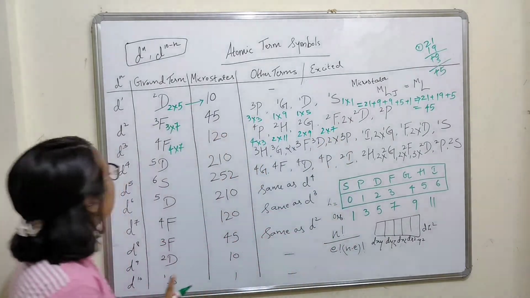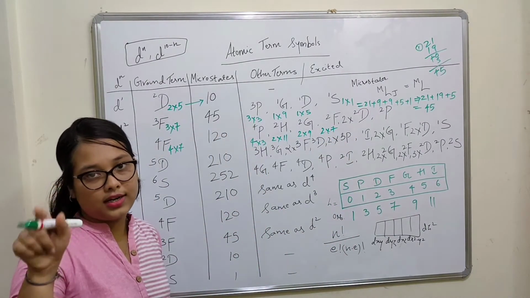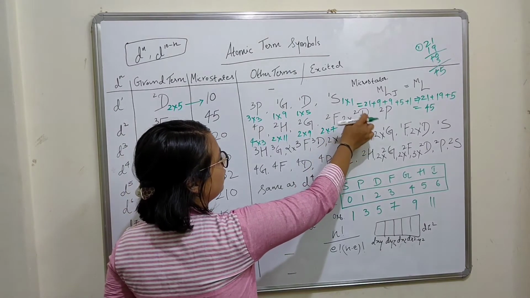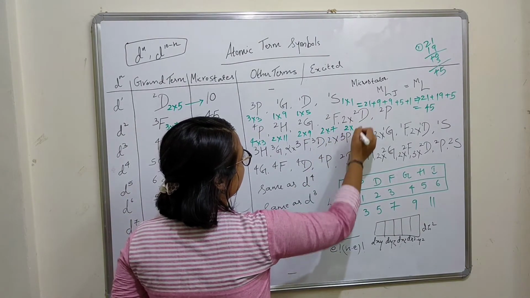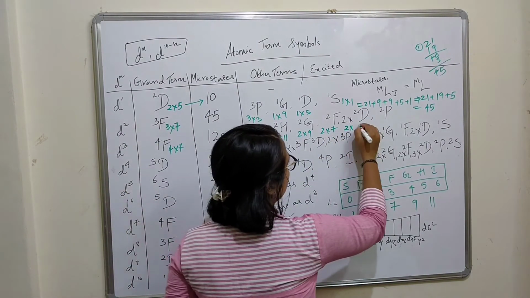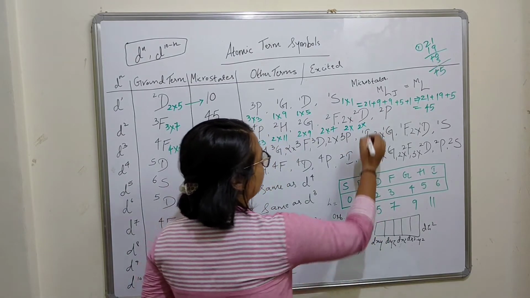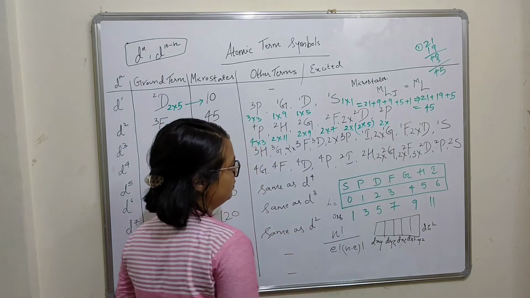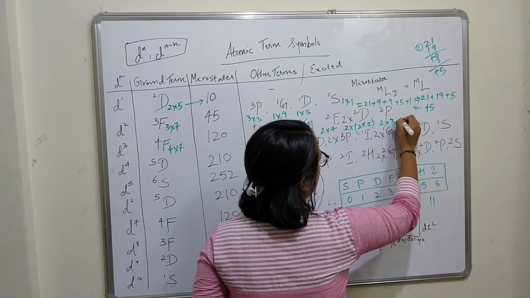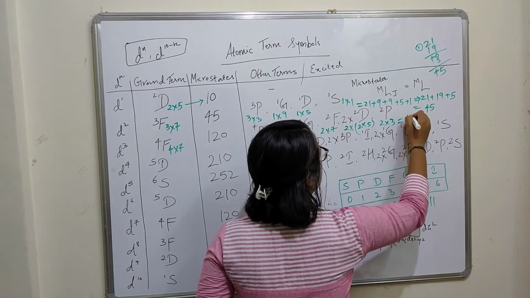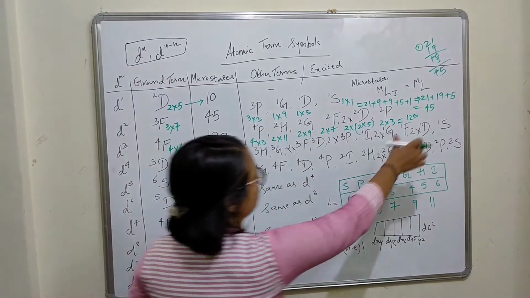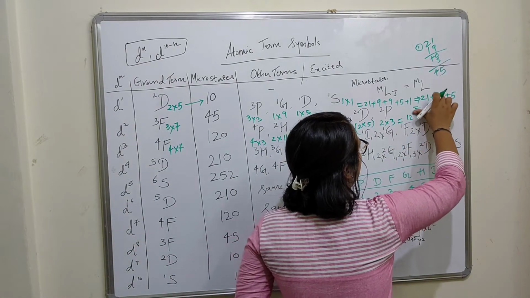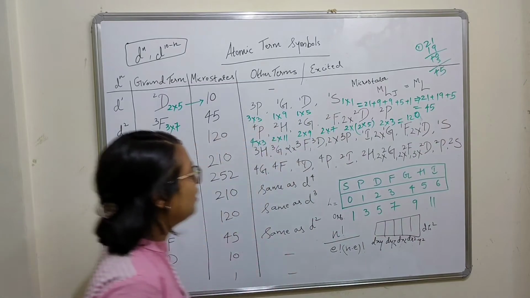Now for D3 we have 2 D terms, as in we have 2 D term states. So 2 into 5, that is going to be 2 into 10, and the last one is going to be 2 into 3. If you check this, the total will come as 120. You can calculate and see.